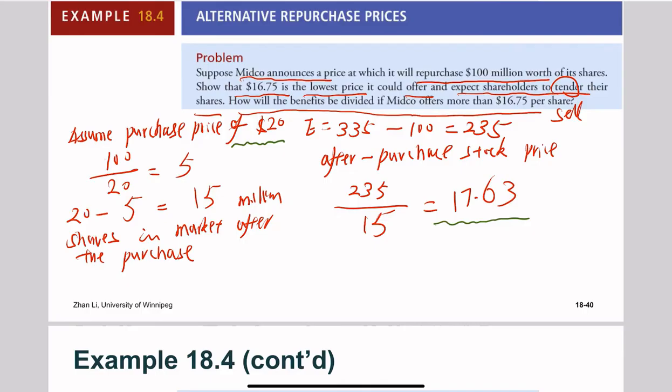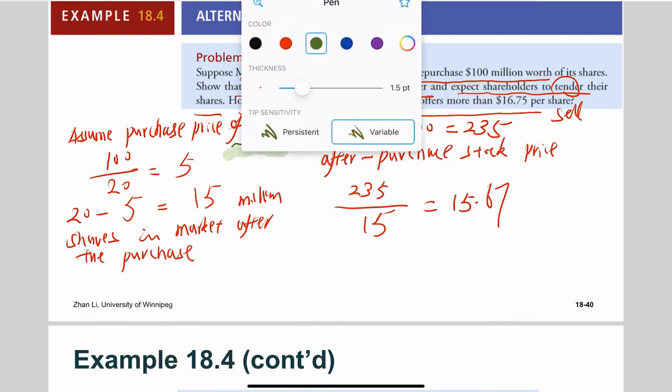And the value is given by $15.67. Now, if you compare numbers, you can see the opposite case. That is the purchase price of 20. It is actually larger than the after purchase price.